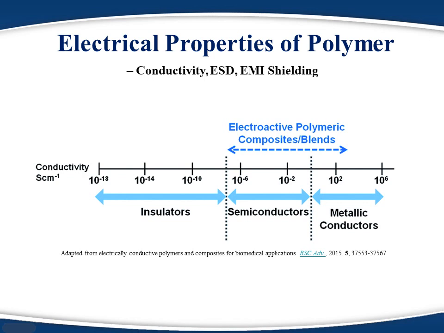However, for certain applications like electronics, wire and cable, EMI shielding, polymeric materials need to have a certain amount of conductivity, typically in the range of 10 to the power minus 9 to 10 to the power minus 2 Siemens per centimeter. This range of conductivity can be achieved by mixing conducting fillers in the polymer matrix.